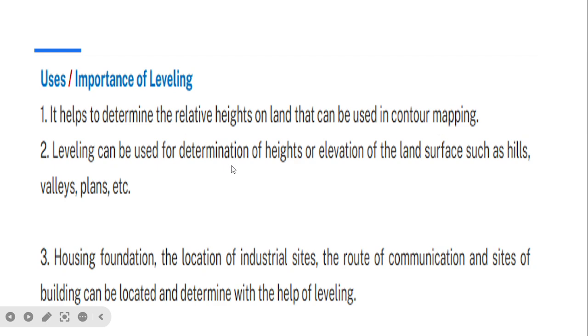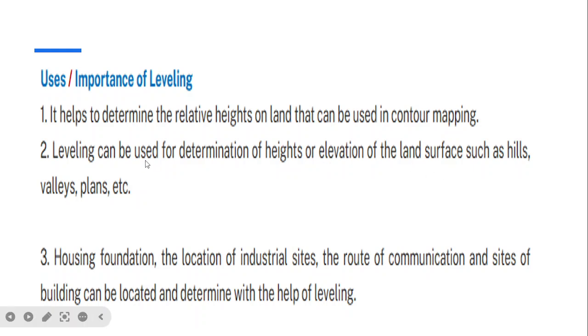The other one is that leveling can be used for the determination of heights or elevation of the land surface, such as hills, valleys, plains, etc. Leveling is crucial to determine the heights or elevations, the physical features that are there, how they are elevated over certain distances, or what their slope is.